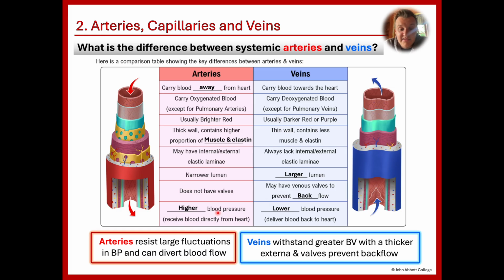So it does like a pit stop halfway up the body. And then lastly, and probably most importantly, but we're going to go through this more at length in a bit, the arteries have a higher blood pressure because they receive blood directly from the heart, whereas the veins have a lower blood pressure. They deliver blood back to the heart, right? So these are right at the beginning of the tap, right next to the heart. So they receive the big tsunami wave, right?